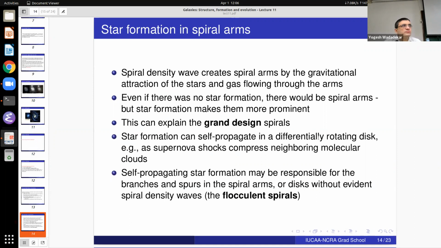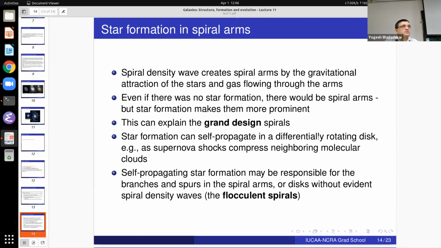Most stars can also form outside. So there are many possibilities. One is that it used to have spiral arms, and the spiral arms have faded away because all the gas has been used up. In this whole model, the spiral arms rotate differentially with respect to the disk, so gas and dust is collected in one place and stars are formed.